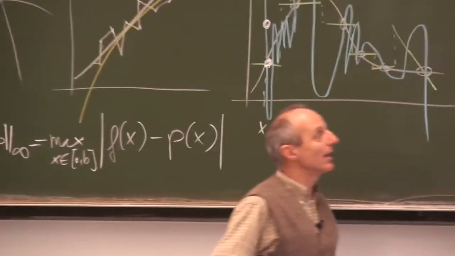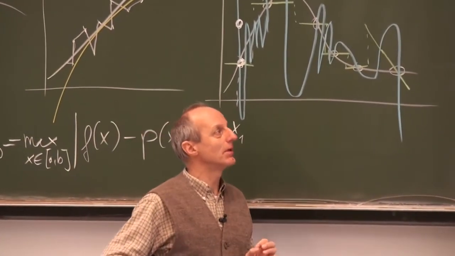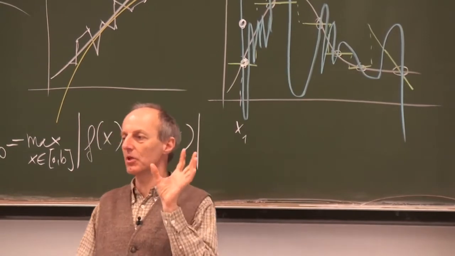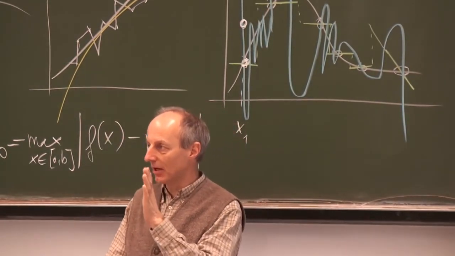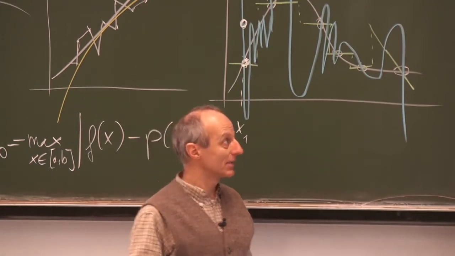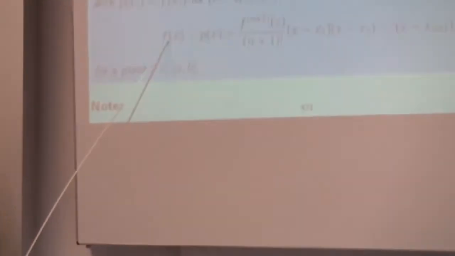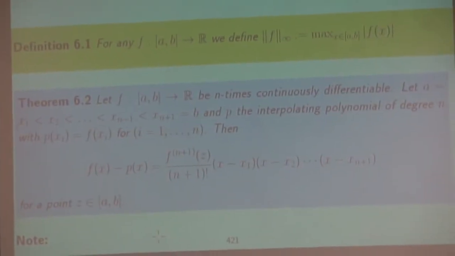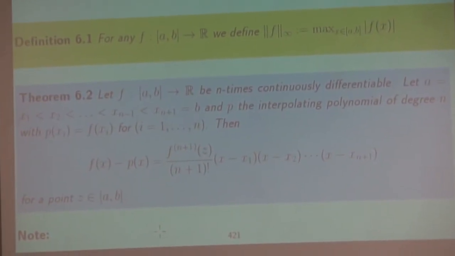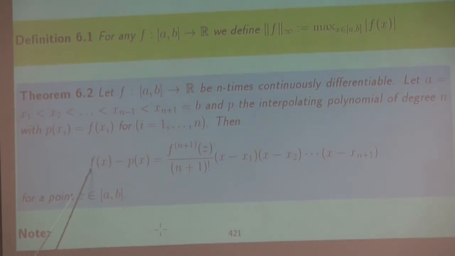And now a theorem that Chebyshev used to prove his theorem, where he says how to distribute the points, is this one. Look, it talks about the difference between f and p. This is our relevant measure we have to minimize.